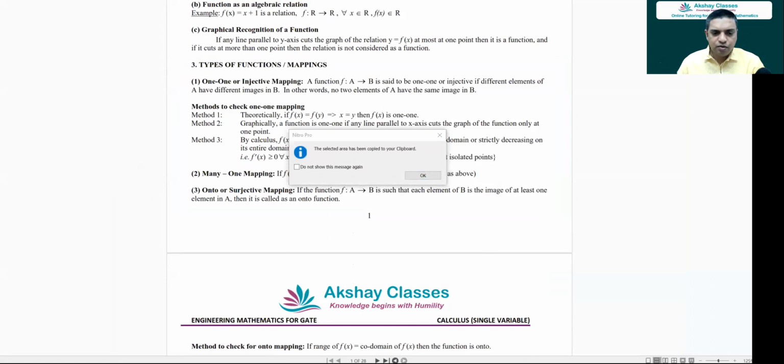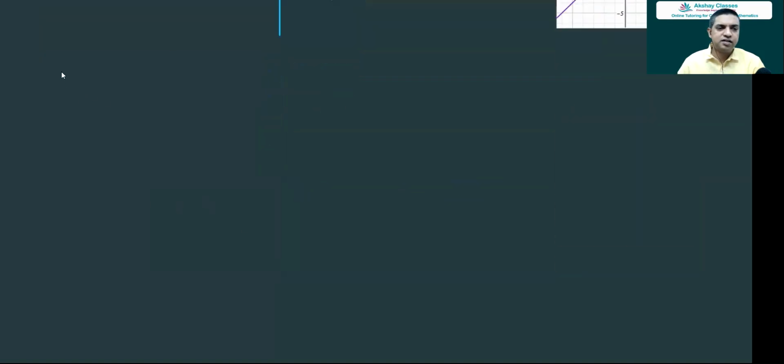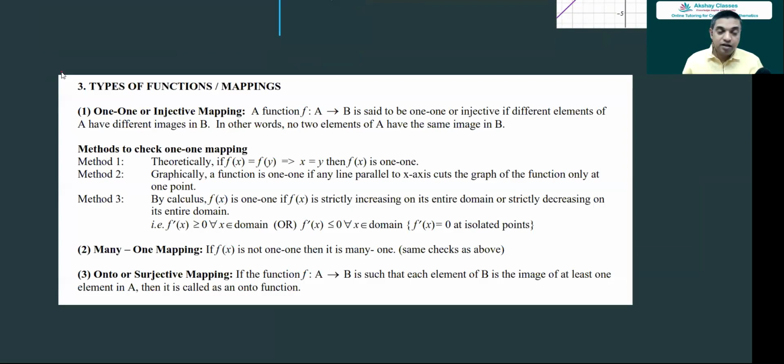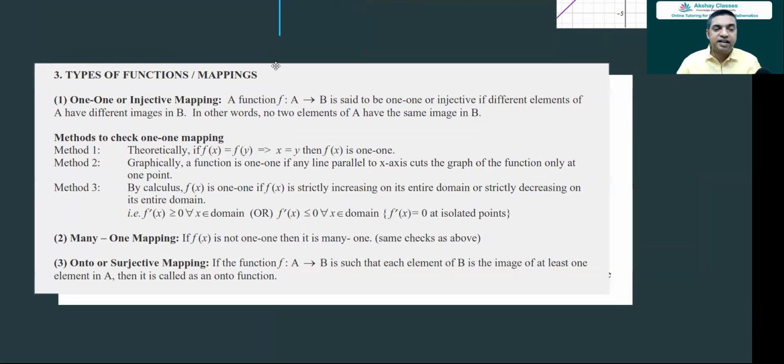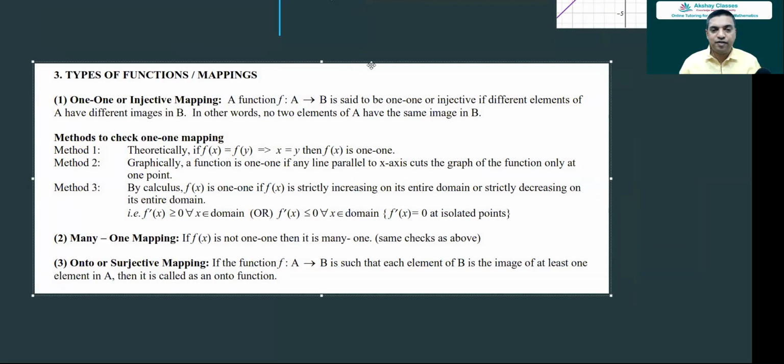Okay. Now this we will just go through quickly, but at the same time it is important. Remember, in integral calculus we deal with areas and volumes of figures. And for that, having a grip of understanding of functions is very, very important.